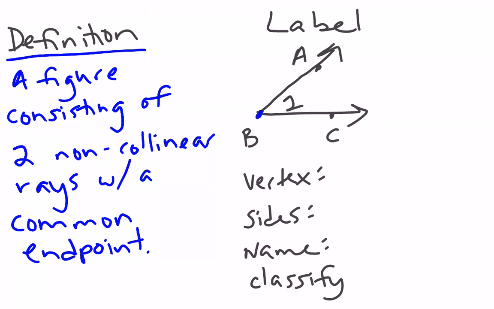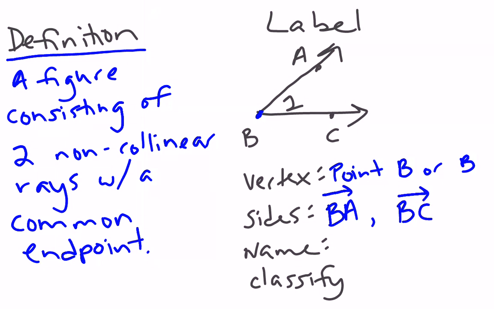So the vertex of this angle would be point B, or you can just call it B. The sides are two rays, and remember with rays you have to start the notation with the endpoint. So the endpoint in both of them is going to be B, and then one goes towards A. Remember, you need your arrow above it, and then the other one goes towards C.